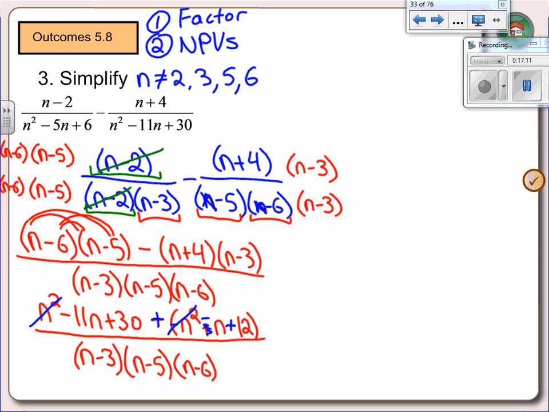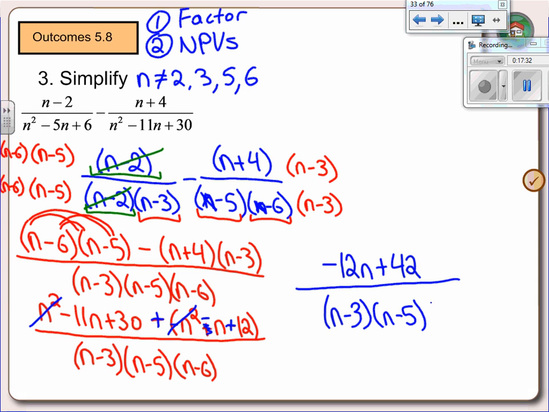My 30 plus 12 will give me plus 42. And it's all divided by our mammoth thing, n minus 3, n minus 5, n minus 6. Sorry, minus 6, not sure why I said plus. And that would be our answer.